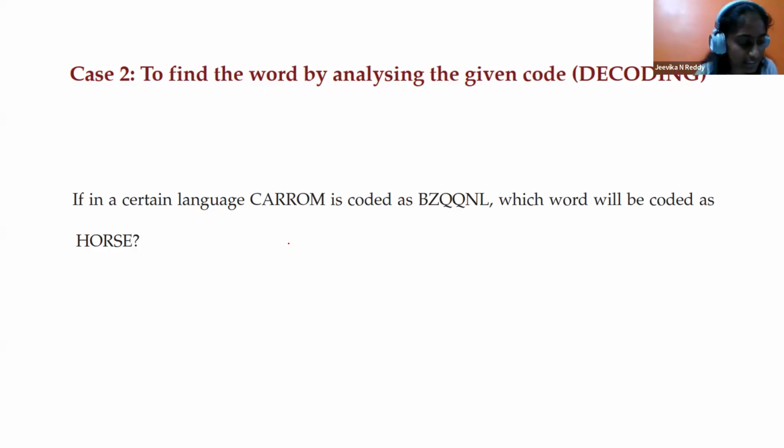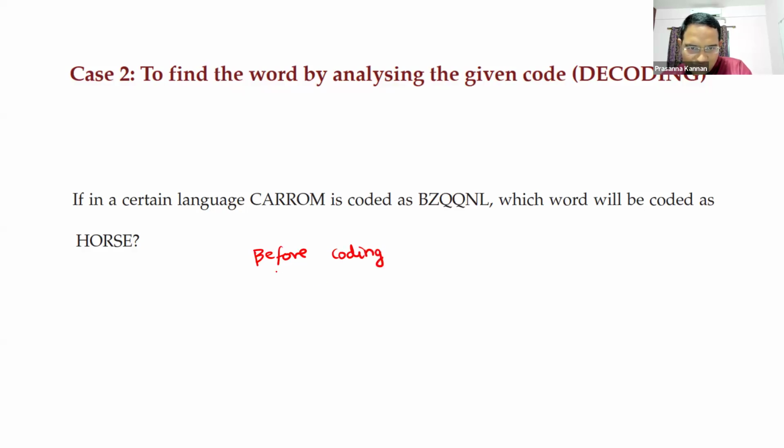Sir, it's GNQRD. Jivika, yeah. Okay, so that's the thing, right? Good, Jivika. But I will just tell you. Before coding, right? So this question is a little different from the previous ones, right? So before coding, it is carom. After coding, what is it?